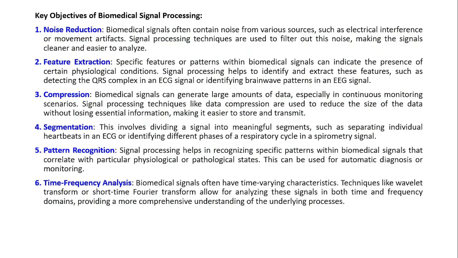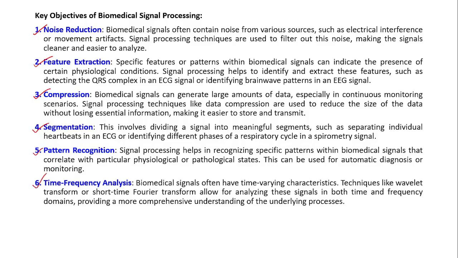Now, the key objectives of biomedical signal processing. First is noise reduction, using filtering techniques. Then feature extraction, which is basically extracting the information hidden within the signals. Then compression, segmentation, pattern recognition, and time-frequency analysis.